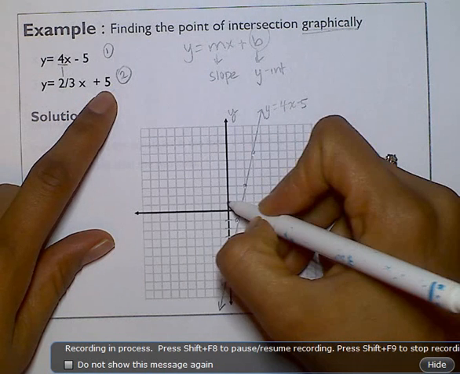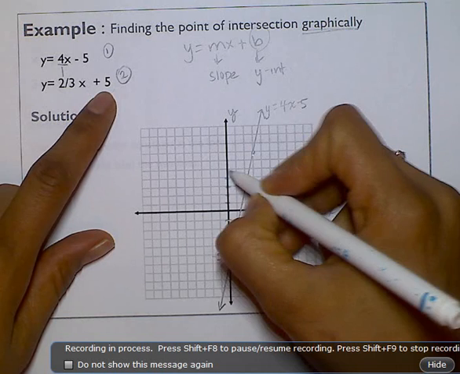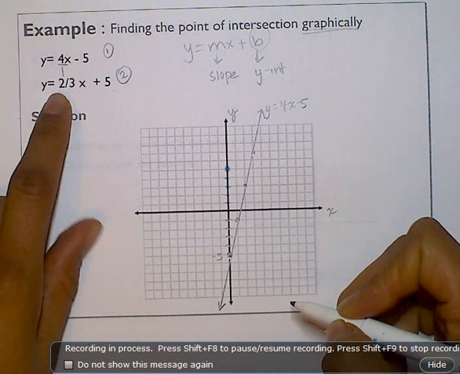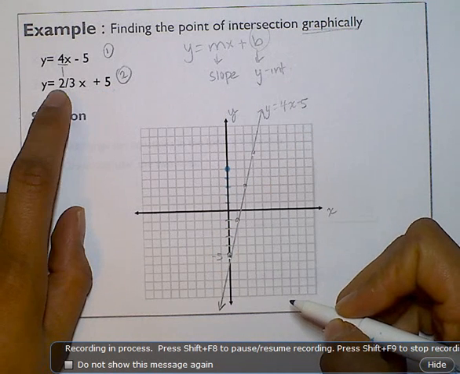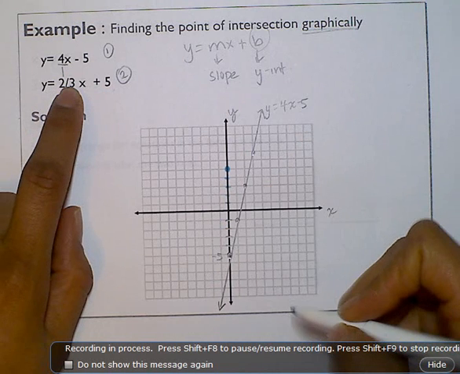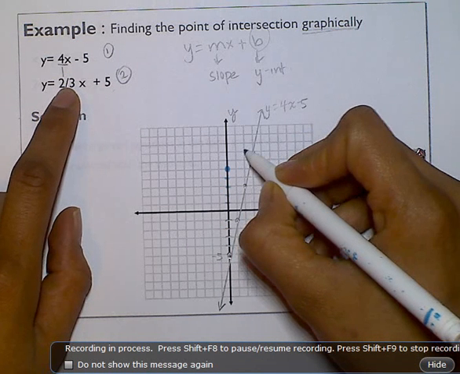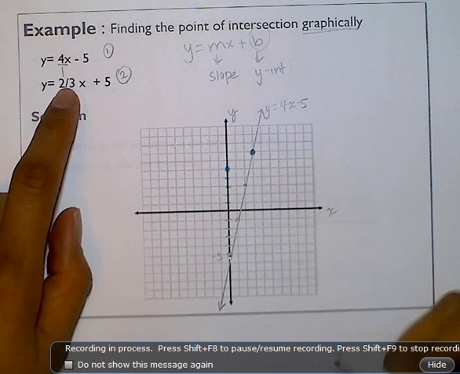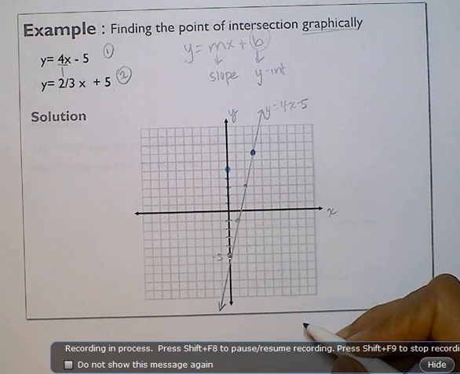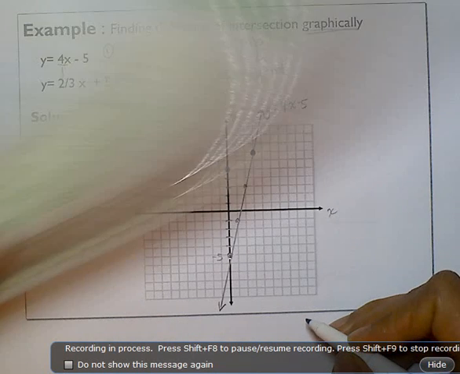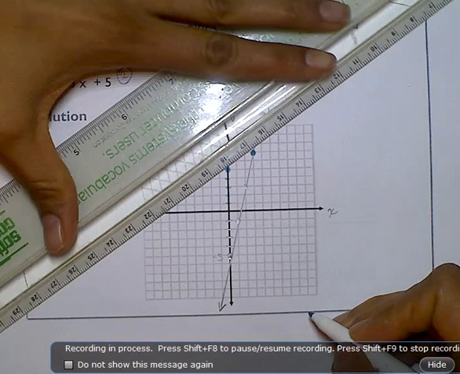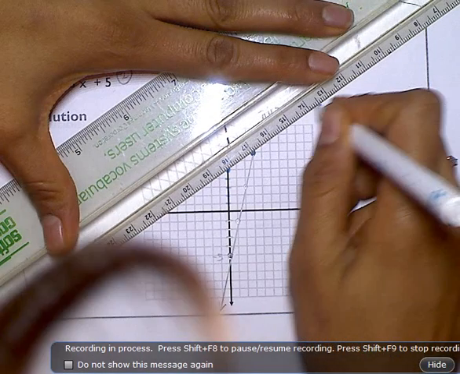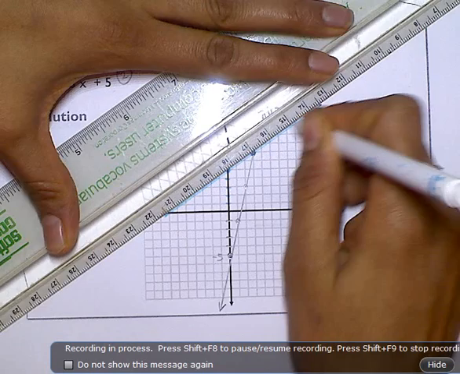So I go up 2 and 3 to the right, and I can figure out where the lines are going to intersect, so I don't need to go ahead and draw any more points. I'm going to now join my points with a straight line. I'm going to extend my line, draw arrows because that line does continue on, and I'm going to label that line y equals 2 over 3x plus 5.